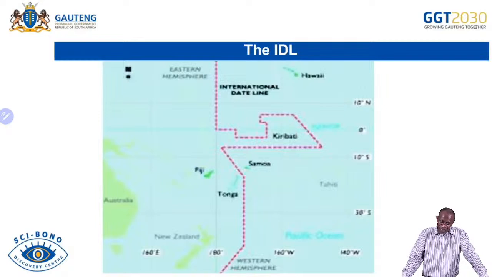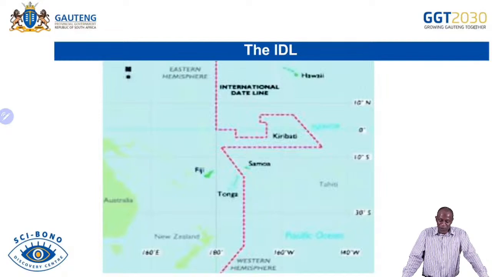If you can refer to the two countries, Tonga and Samoa are in close proximity. However, when it's today in Tonga, it is the following day in Samoa.